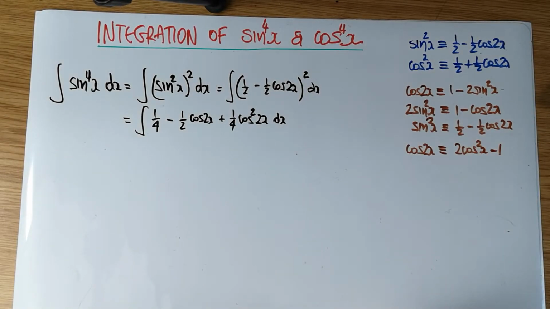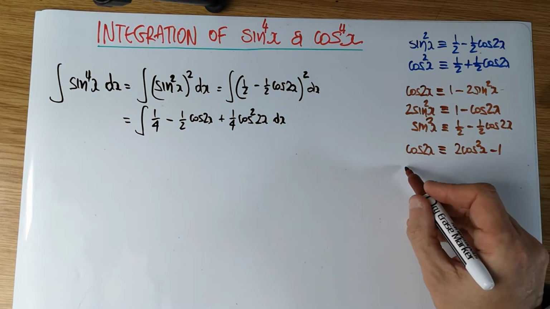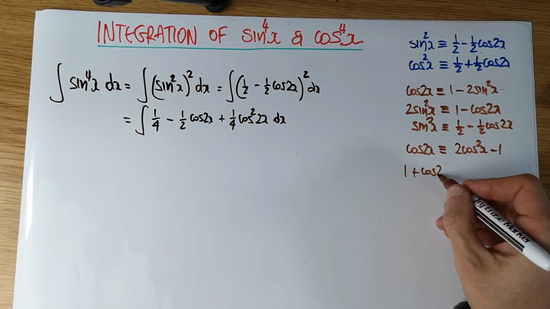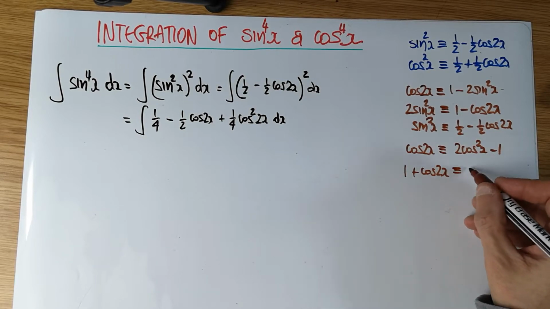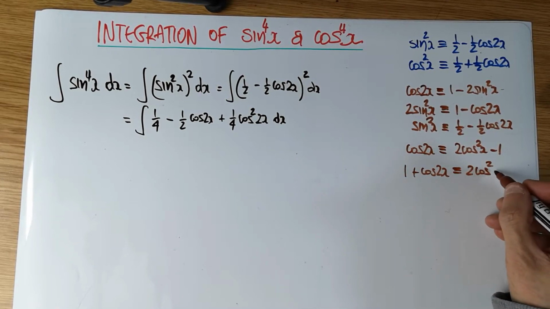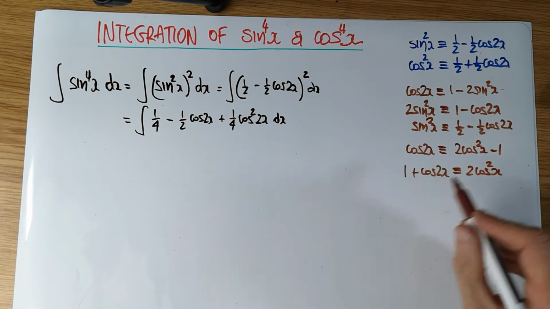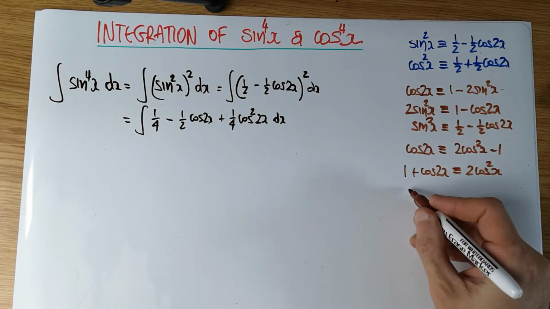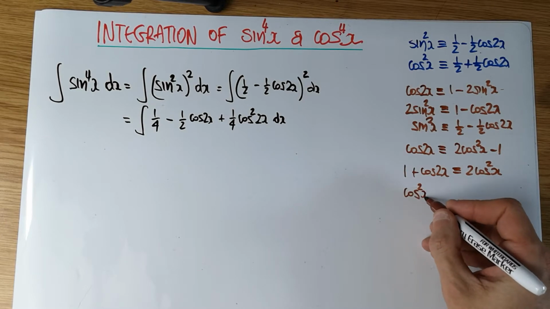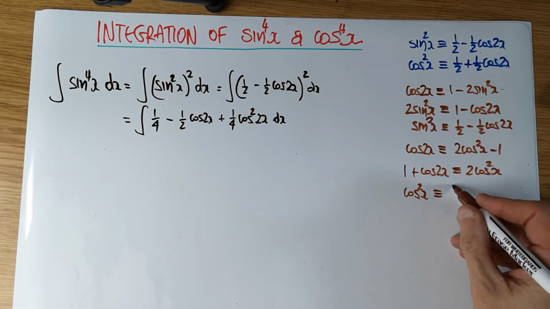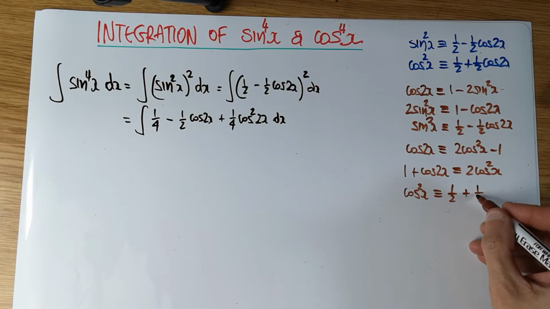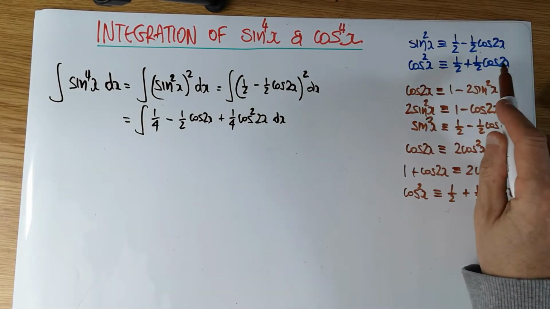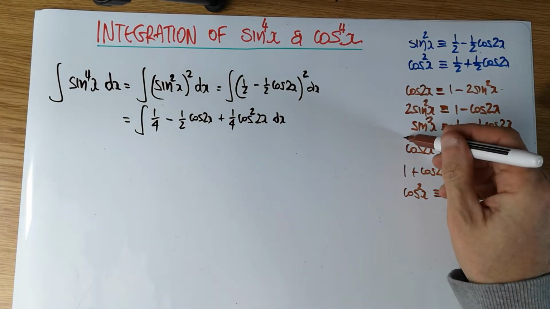Let's make cos squared the subject. So I'm going to add the 1 to the left. That is 1 plus the cos of 2x identically equal to 2 cos squared of x. And then I'm going to write it back to front and at the same time divide by 2. So that's of course the cos squared of x is identically equal to a half plus a half cos of 2x, which is of course this line here. Let's put a little separator there.